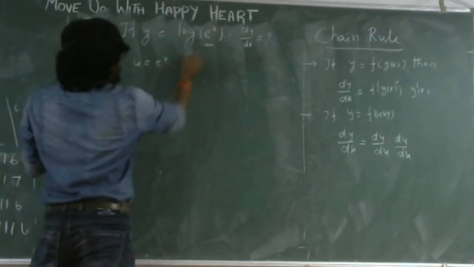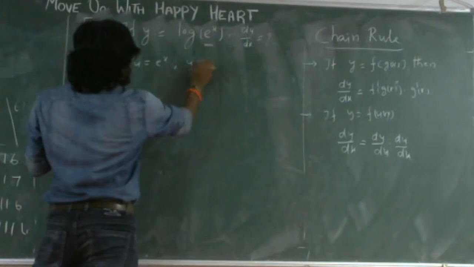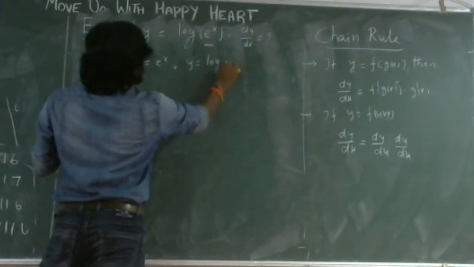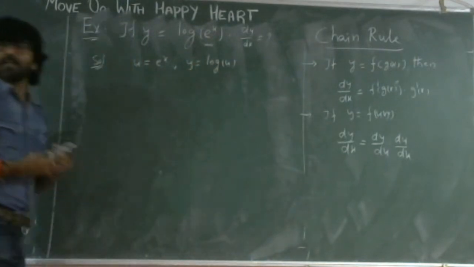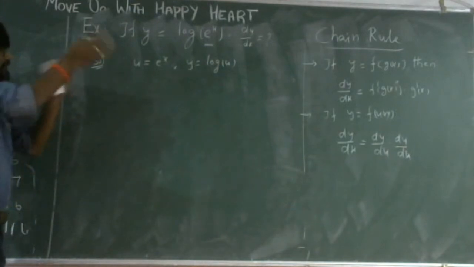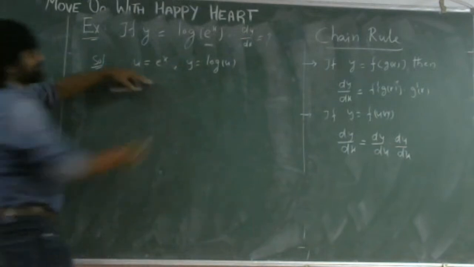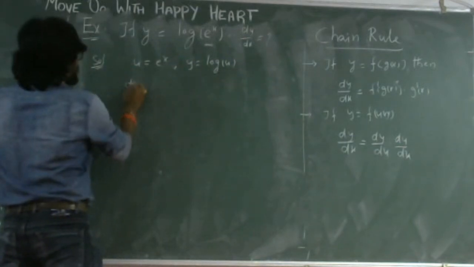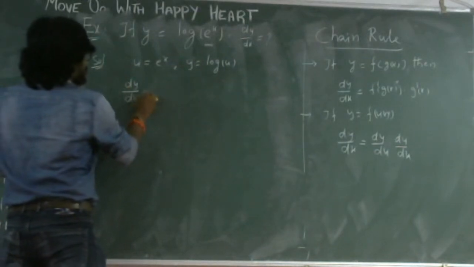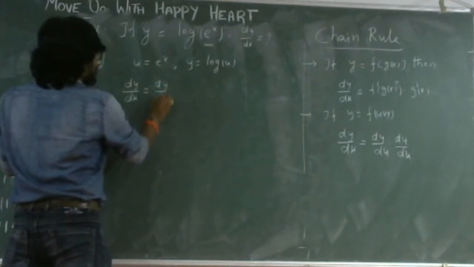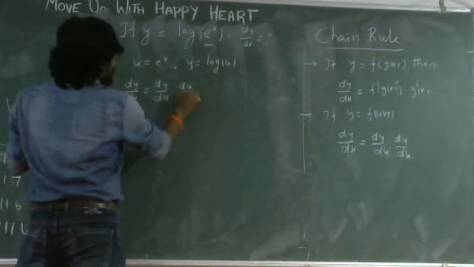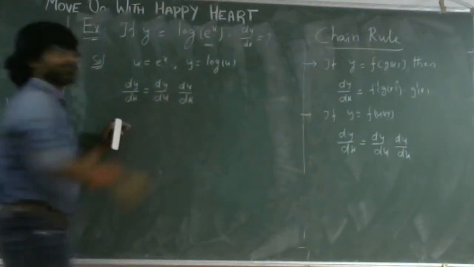Then what will you get? Then y is equal to log u. Did you understand? Log u is a function of x. First step. Second step, from this dy by dx is equal to dy by du into du by dx.